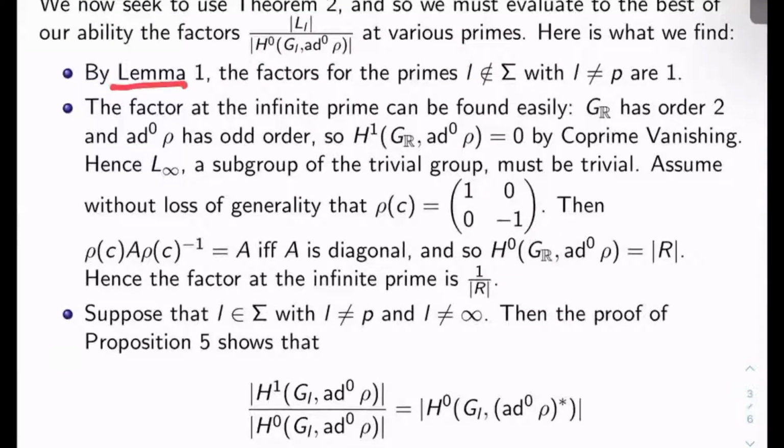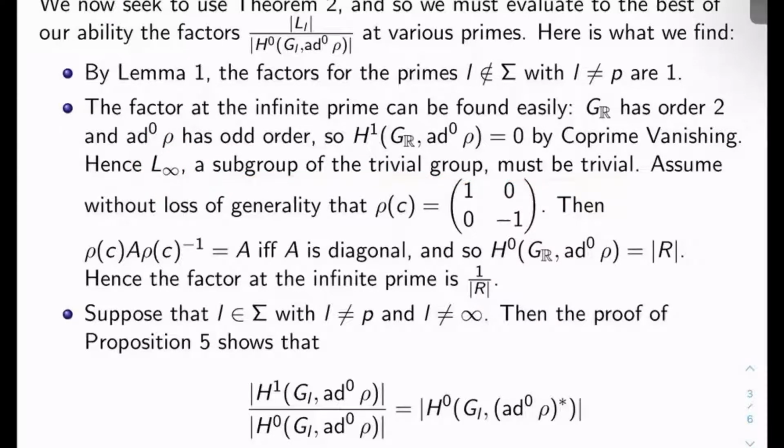By lemma 1, the factors for the primes l not in Sigma that aren't equal to P are just 1. That's an easy one. The factor at the infinite prime is also easily found. The absolute Galois group of R has order 2, and ad zero rho has odd order, so H1(G_R, ad zero rho) is 0 by coprime vanishing. And so L_infinity, which is a subgroup of the trivial group, must be trivial.